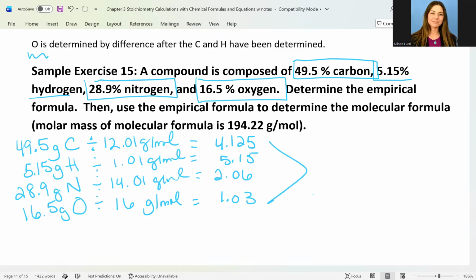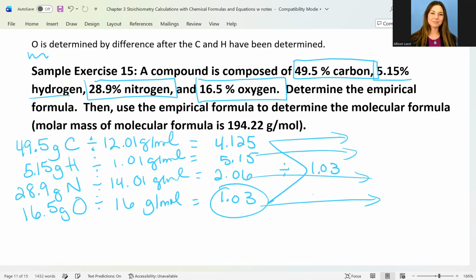Now, the rule is to divide by the smallest amount of moles. So we're going to divide everything by 1.03, which was our moles of oxygen. That will give us our ratios, and we'll line these up over here. So 4.125 divided by 1.03 gives me 4 moles of carbon, in a ratio to 5 moles of hydrogen and 2 moles of nitrogen, and of course 1 mole of oxygen because 1.03 was divided by itself.